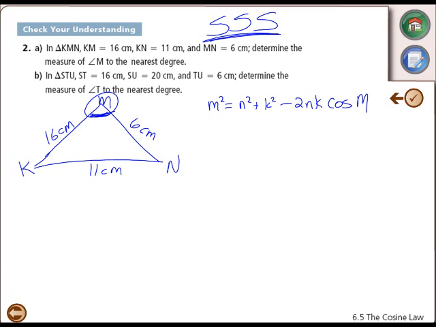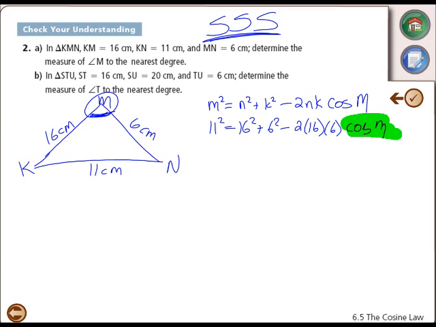Let's do that. So we've got 11 squared equals 16 squared, plus 6 squared minus 2 times 16 times 6 cos of M. And we're trying to get cos of M isolated, and then we'll do the inverse cos to get M by itself.